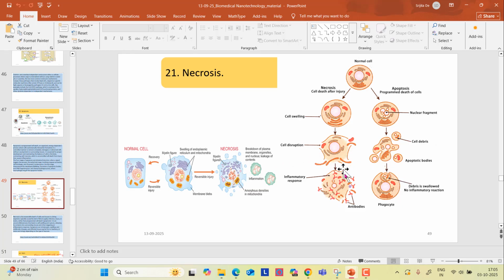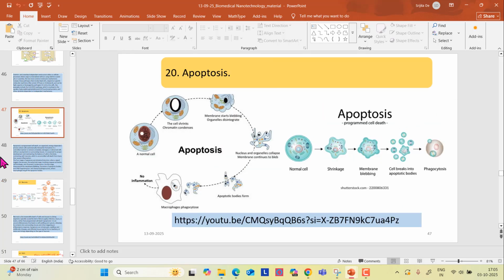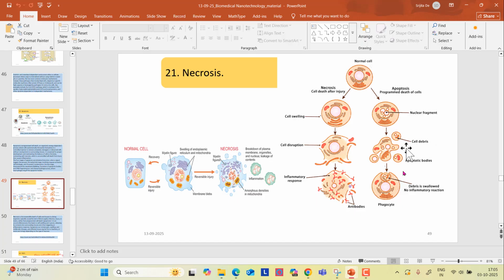And now, after some time, all the cellular matrix is out in the blood, and all the cells are also out in the blood, and that leads to an inflammatory response in your body. That means that cell will not survive anymore. Okay, but in case of apoptosis, the cell fragments and cell debris is formed, but they are not dying.